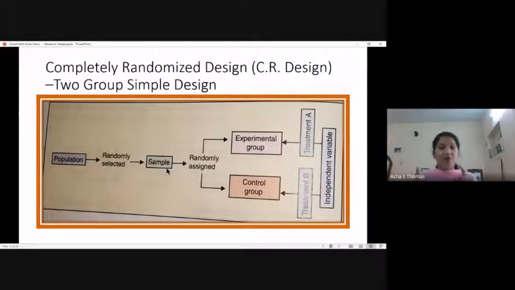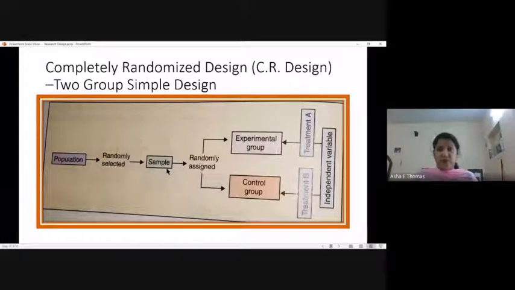But the problem with the design is we know that there are two things that can affect the result of the training. As I said at the beginning, it can be the IQ level of the students, or it can be the ability of the trainer.